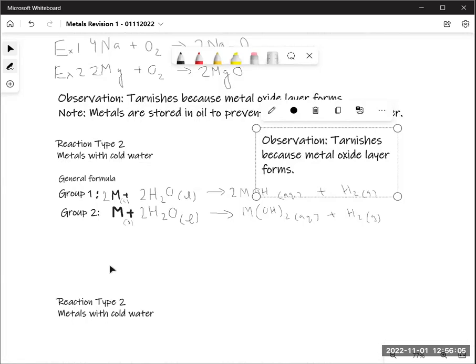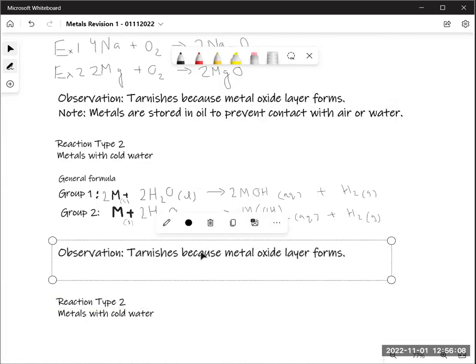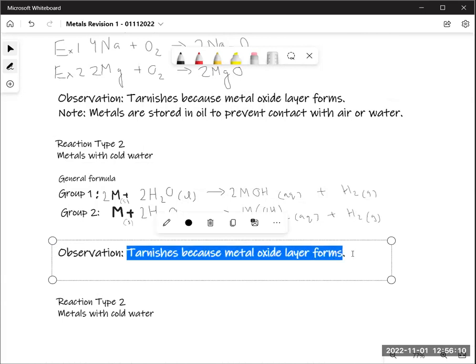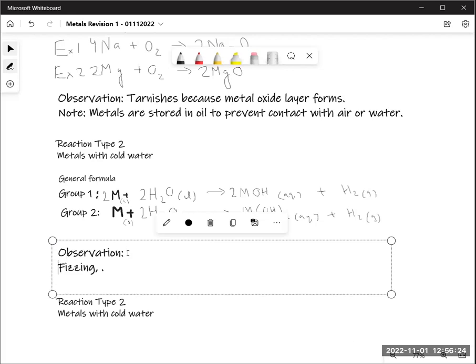For the next one, the observation is, this is quite important. Observation for group 1: fizzing, effervescence, bubbles, floats, solid dissolves.